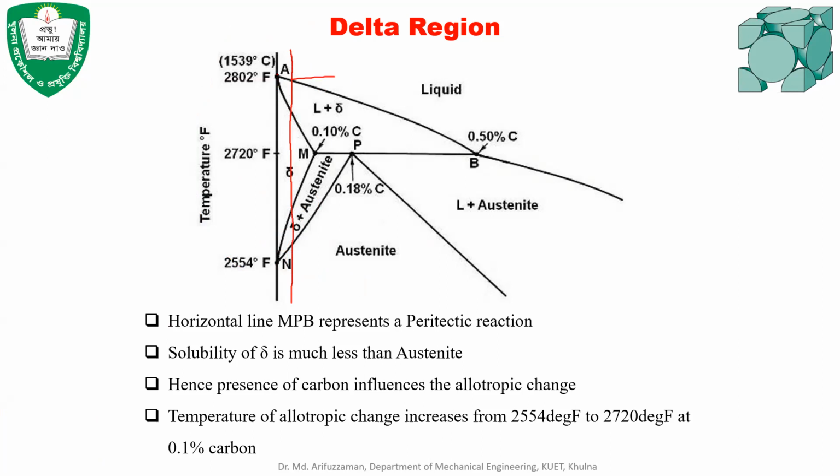Initially the pure iron starts to solidify at 2802 degrees Fahrenheit at this point, but when a certain amount of carbon is present in the iron, then the starting point of solidification has changed.